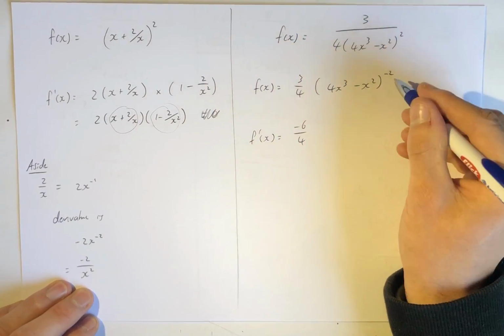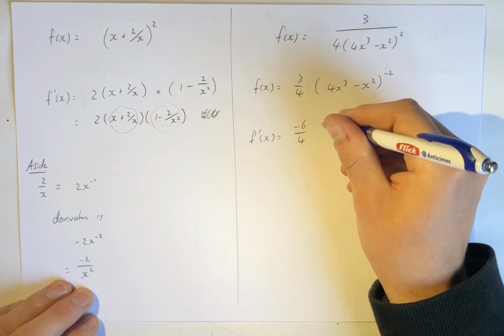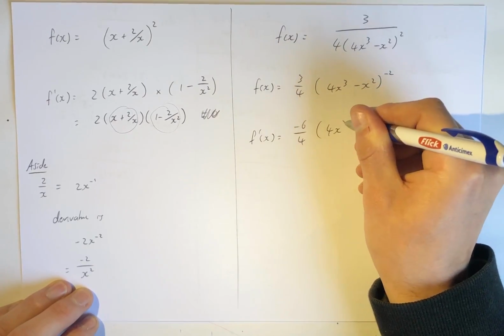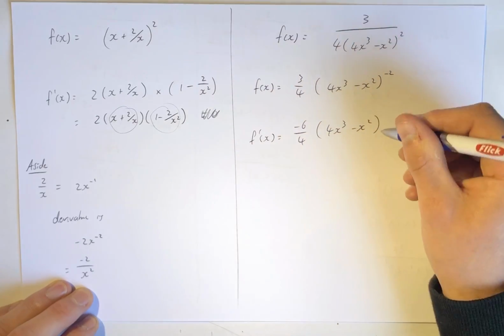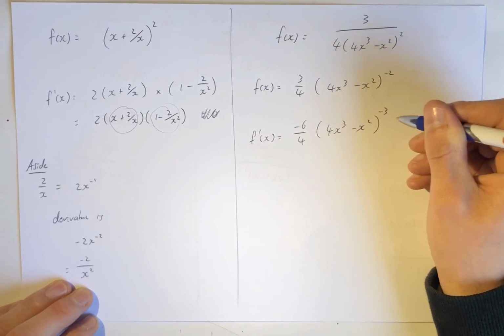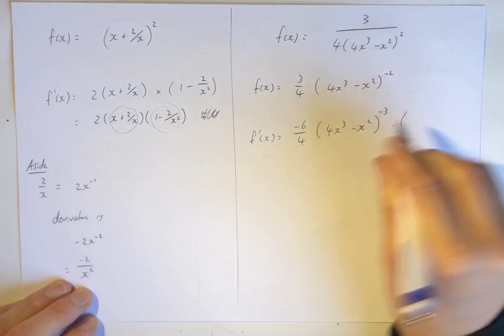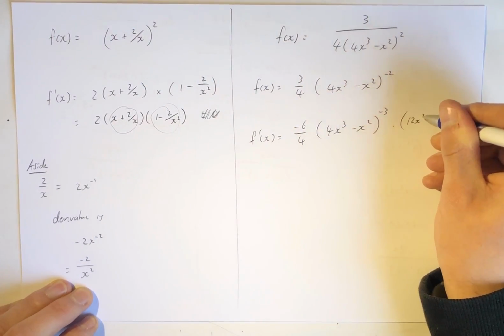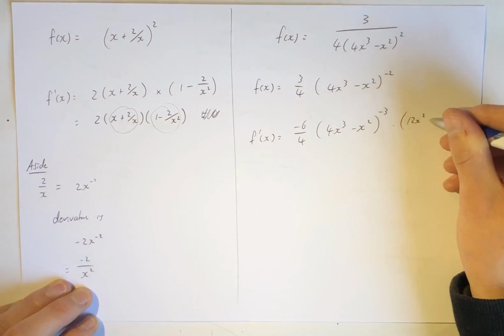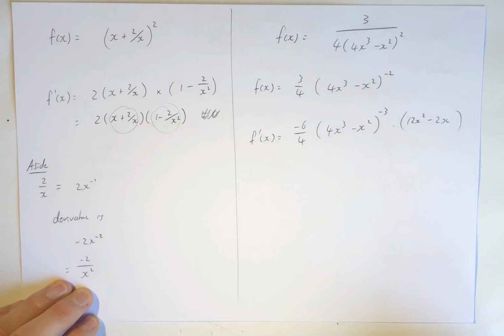I'll simplify this at the end. So negative 6 over 4, 4x cubed minus x squared. That inside function remains the same. Reduce the power. Multiply by the derivative of this inside function, so 12x squared minus 2x.